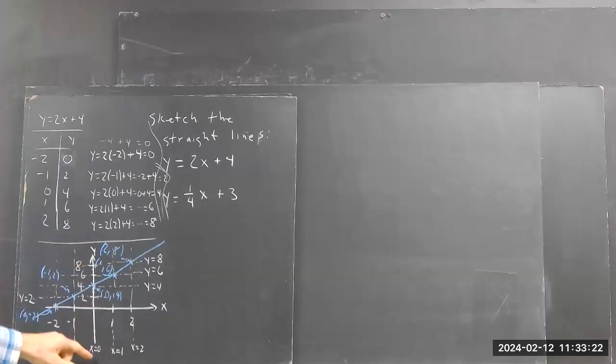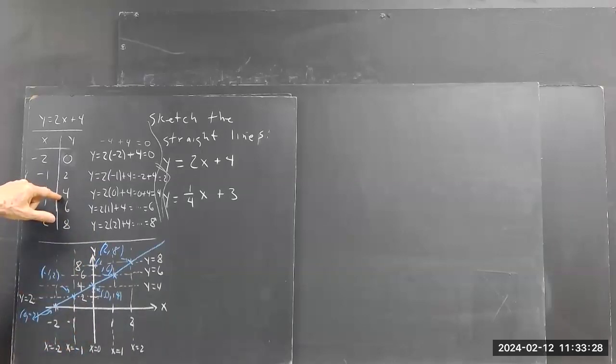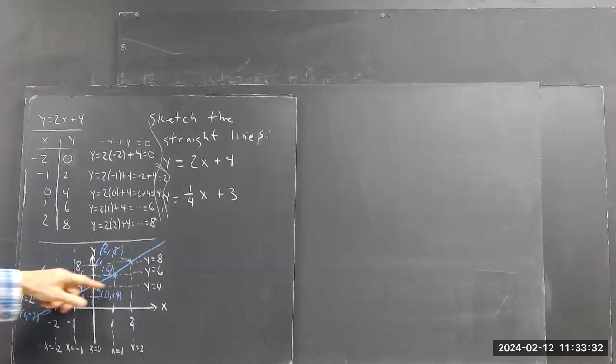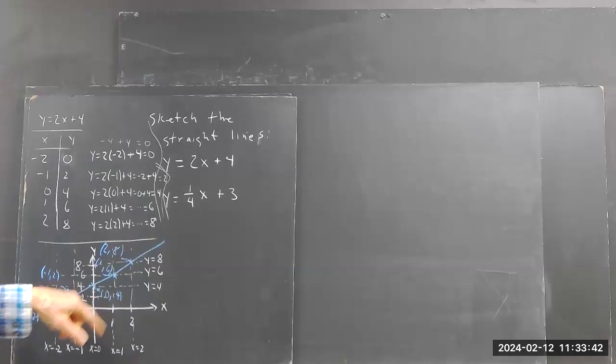The Y axis is the line X equals 0. So when X equals 0, we're on this line, but we're also on the line where Y equals 4. Well, Y equals 4 everywhere on the line through the Y coordinate 4 on the axis, and there's Y equals 4. X equals 1 everywhere on this vertical line through the point where X equals 1 on the axis.